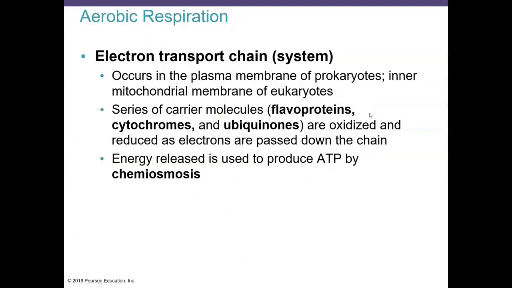All right. So this is going to occur in the plasma membrane of prokaryotes. And this is one reason prokaryotic organisms can make more ATP than eukaryotic organisms. Typically, we say eukaryotic make 36, whereas prokaryotic make 38. And it's because they don't have to waste ATP to shuttle molecules across the membrane of the mitochondria in the cell.